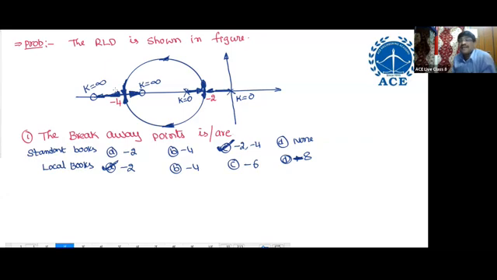If it is not there, then first priority goes to leaving the real axis. If a single option is there, a single breakpoint, first priority goes to leaving the real axis. Okay? This is the first priority.